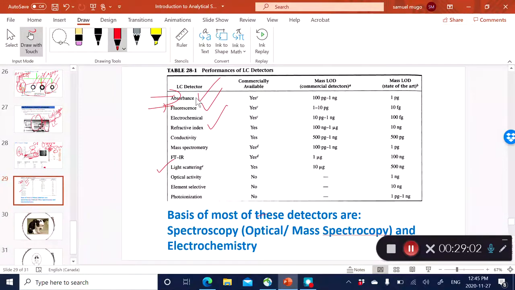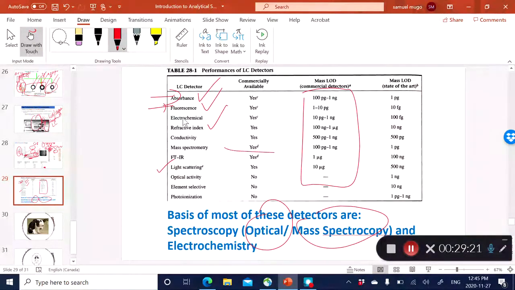But you also can use mass spectroscopy as well as electrochemistry, that we covered previously. So take note of the limit of detection between all these different types of detectors. You can see if, for example, you use mass spectrometry, you get very, very low limits of detection compared to when you're using other forms of spectroscopies.